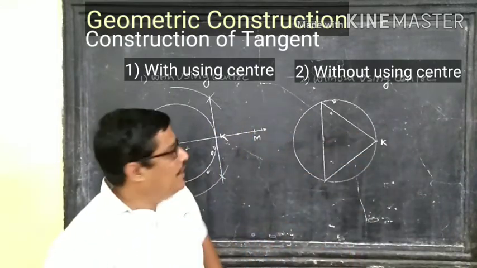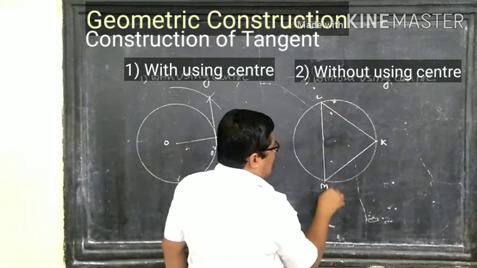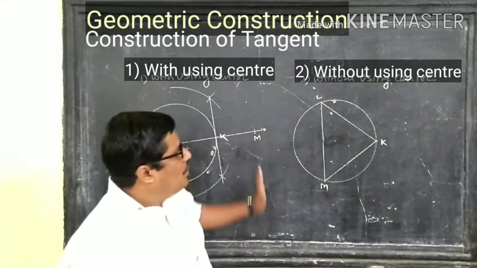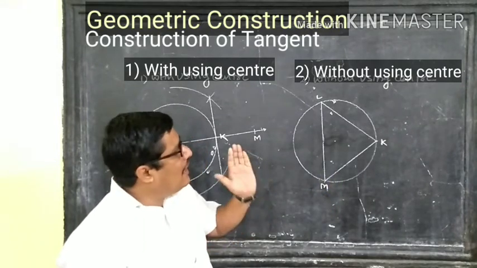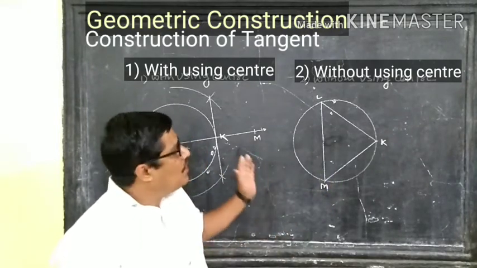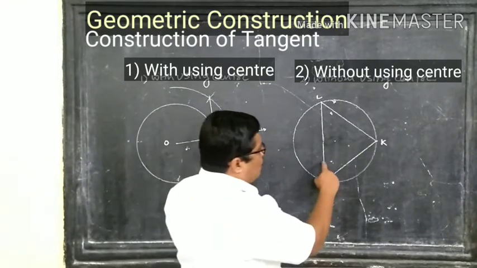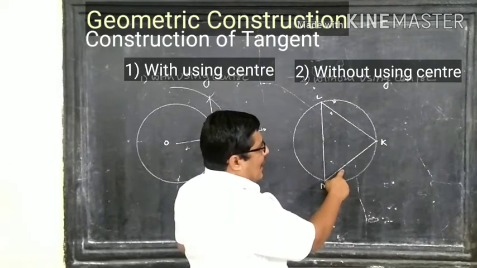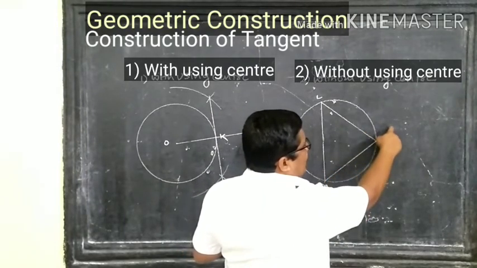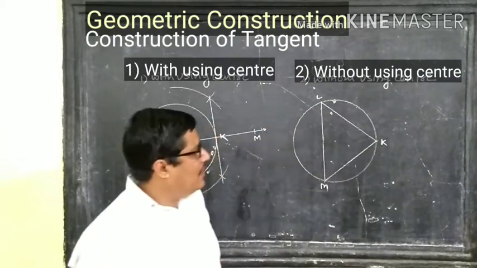So in this way we get a triangle. We can name these two points as L and M. Now here we are going to use the concept of angles in alternate segment, which we studied in the lesson circle. Now if I consider this angle M, that time the angle on this side of K or KL will be the angle in the alternate segment.